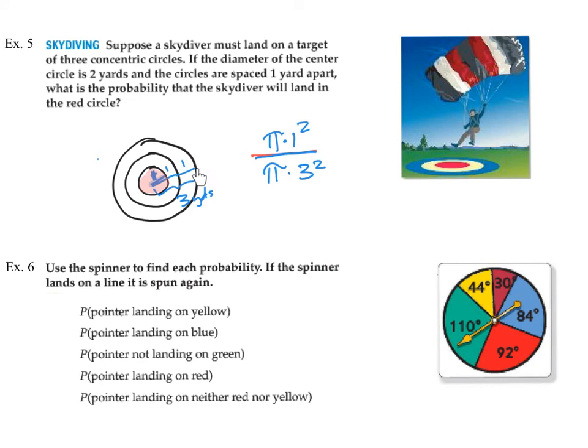That would be a radius of 3. So now we can reduce this fraction a little bit. We can get rid of the pi's, and then 1 squared over 3 squared, we can simplify that, is equal to 1/9. So the probability that if the skydiver is going to land in this circle, the probability of him landing in the red part is 1 out of 9.